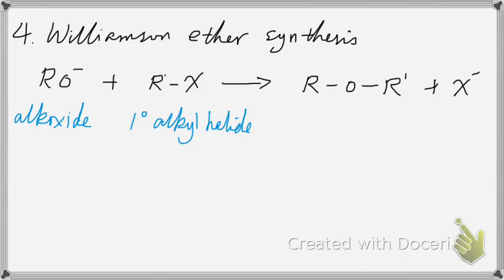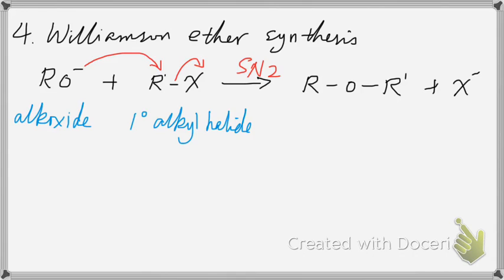Primary alkyl halide is needed. And the alkoxide will serve as a nucleophile to replace the halide. So a new carbon-oxygen bond is made, and ether is the final product. And this is a very typical SN2 reaction.